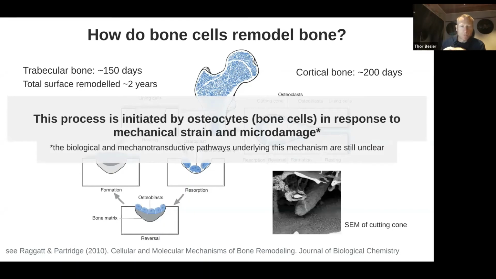There's some really interesting work that shows that these cells, these osteocytes, like most cells in the body, have a primary cilia, and that cilia sticks out and is mechanically sensitive. It can respond to fluid flow. So in the case of cortical bone, where you don't expect a lot of strain, you're not expecting the bone to change a lot, these primary cilia can sense changes in the fluid that's within the Haversian canals and within the bone.